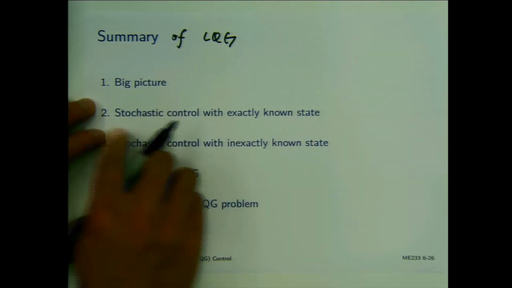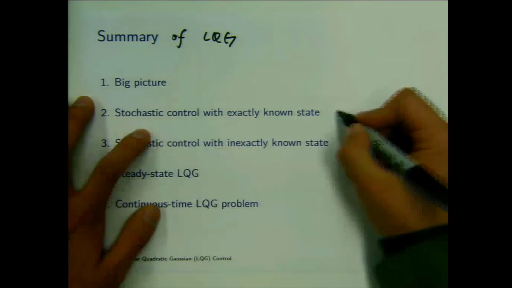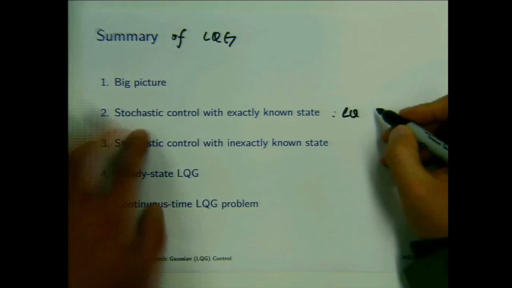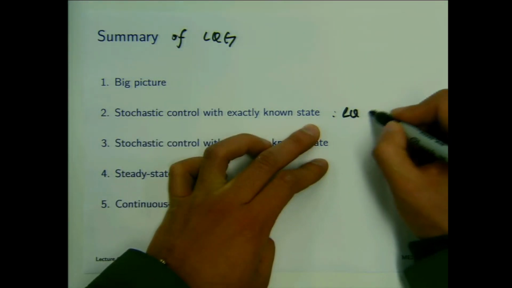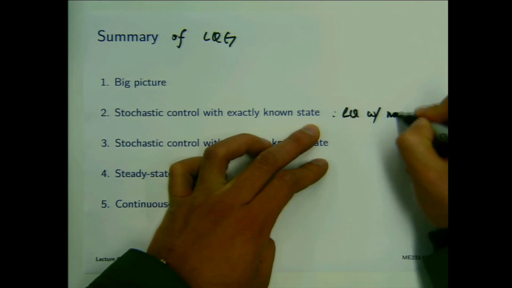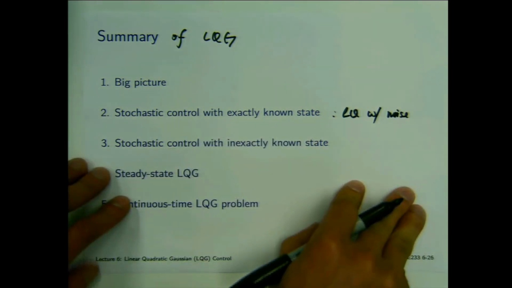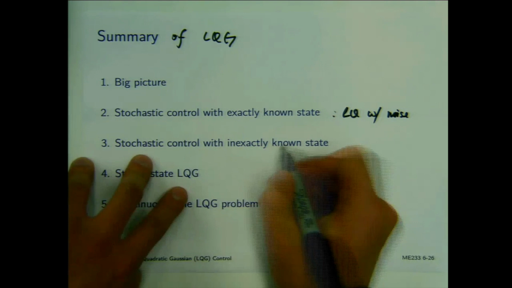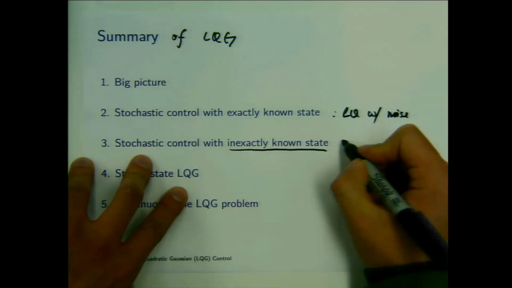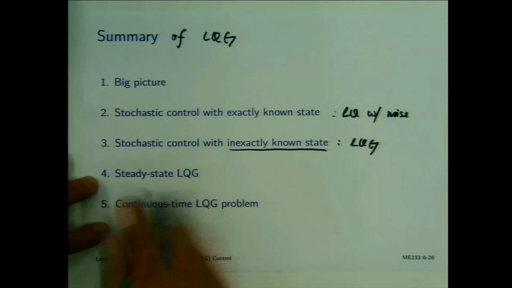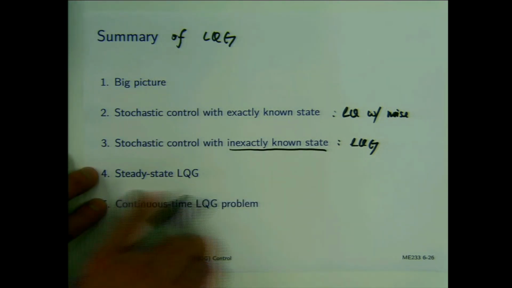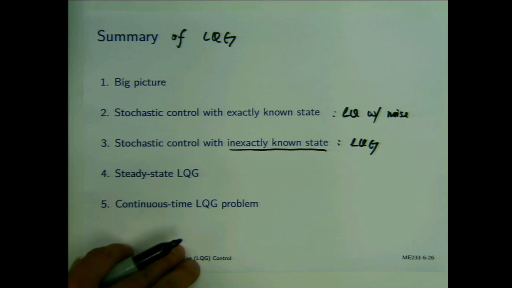If you got the picture in detail, then stochastic control with exactly known state is just a regular LQ with noise in the system. And then if I don't know the exact state, this becomes an LQG problem. This is what we talked about today: steady state LQG and the continuous time LQG problem.